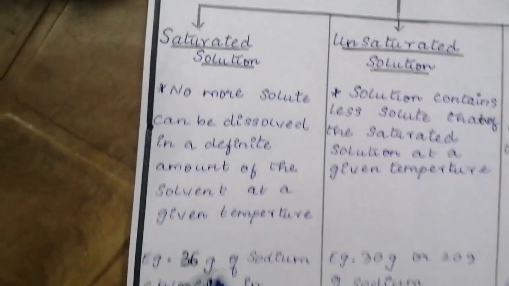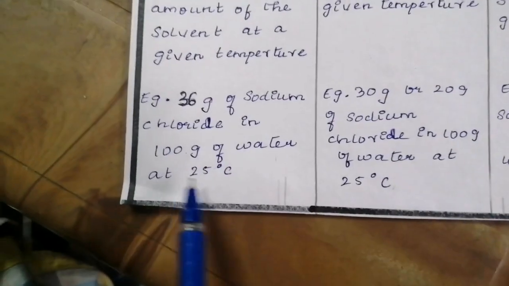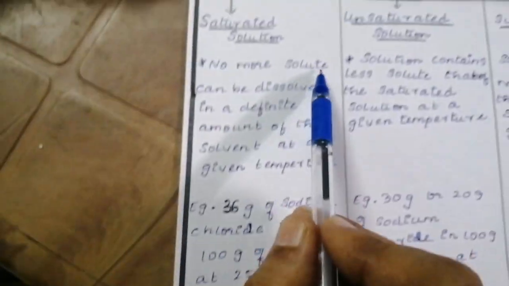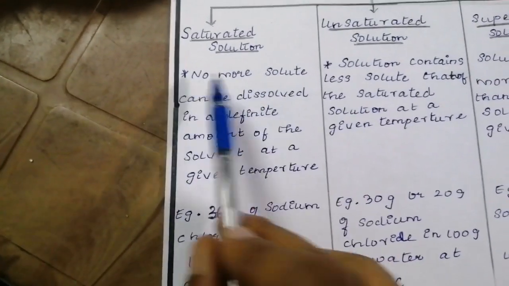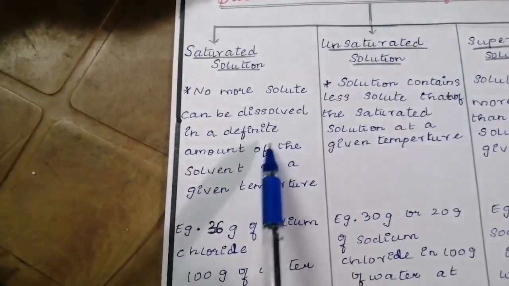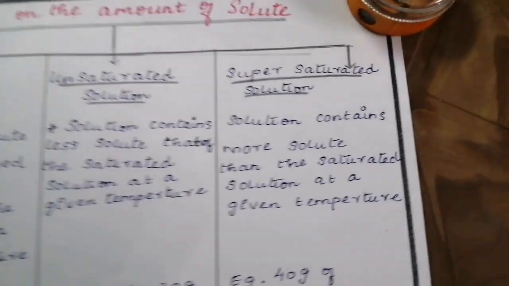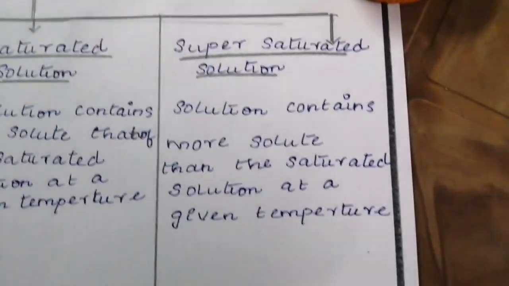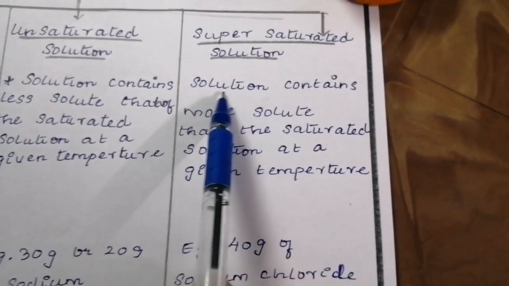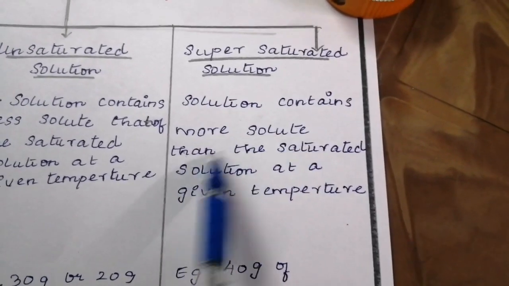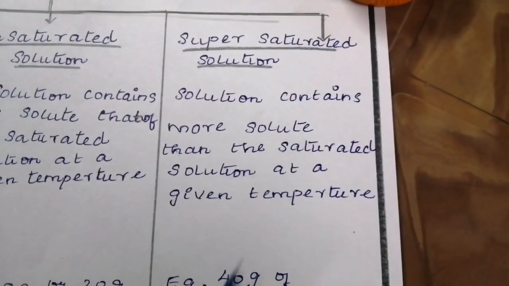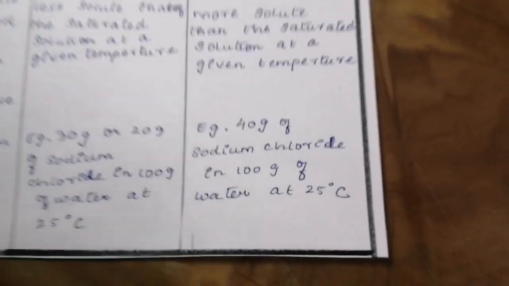Here we have added 36 grams of sodium chloride in 100 grams of water. We cannot add more solute to this solution. No more solute can be dissolved in a definite amount of solvent, so that is called saturated. And what is called super saturated, when we change the temperature, the solution contains more solute than the saturated solution at a given temperature, so that condition we call super saturated solution.